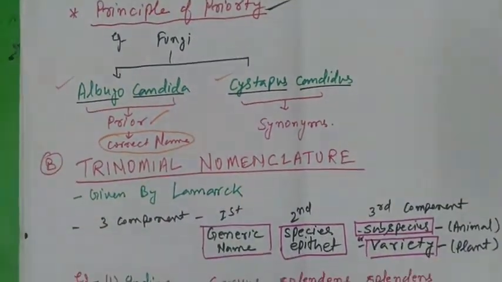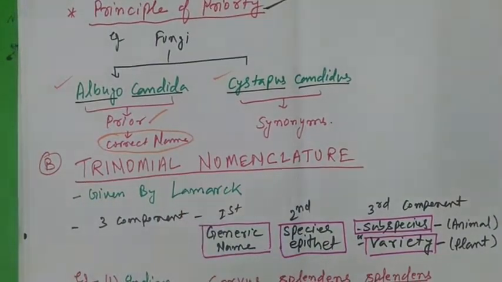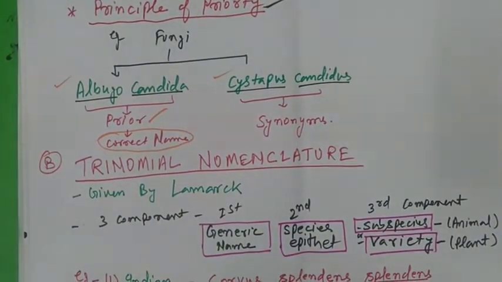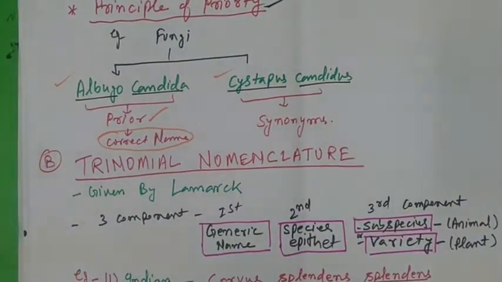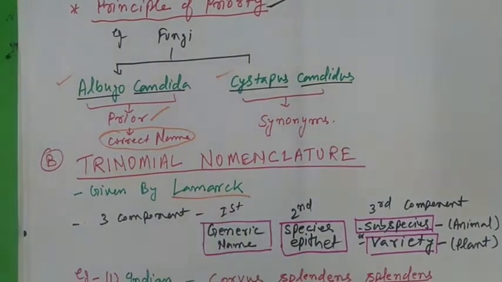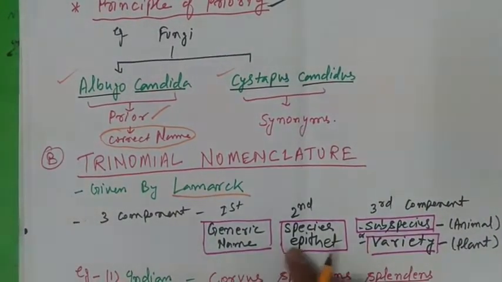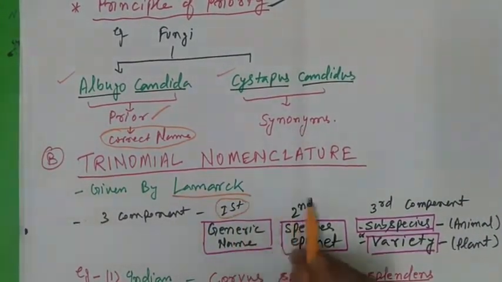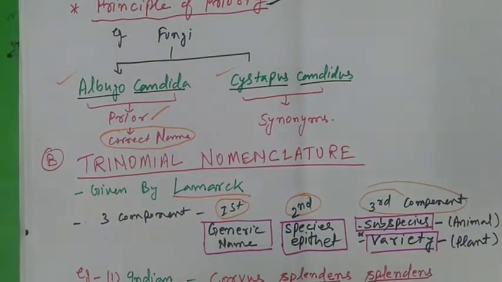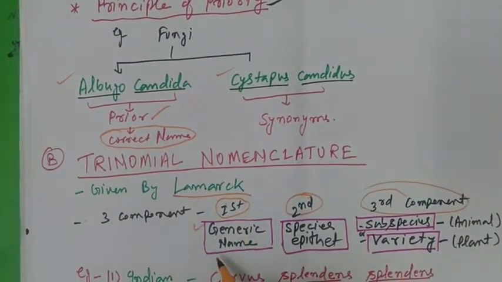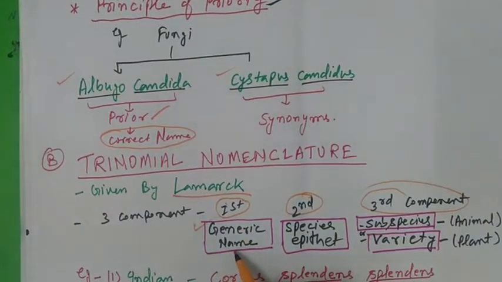Now come to the trinomial nomenclature. I previously said that this nomenclature is given by Lamarck. ठीक है? Lamarck ने इसको दिया था. In the trinomial nomenclature, there are 3 components: the first, second, and third components. The first component, like binomial nomenclature, represents the generic name.